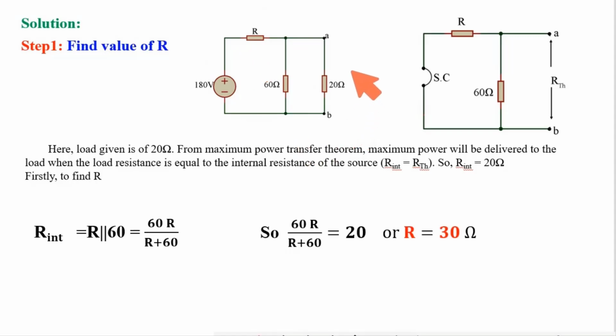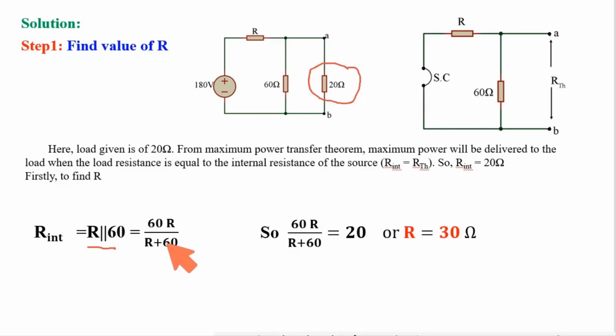To find RTH, I need to open the load resistance. Say I have opened this part and the source will be replaced by its internal resistance, so this will be a short circuit. So now what is RTH? RTH is the parallel combination of this R and 60 ohm. So I am using R parallel 60 ohm.